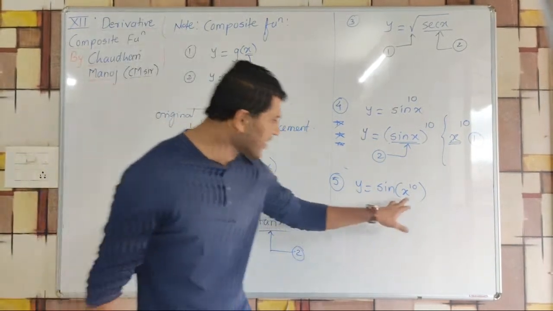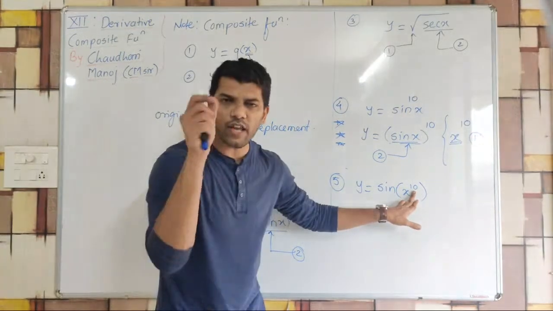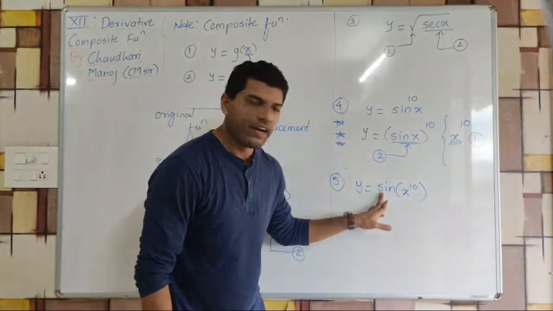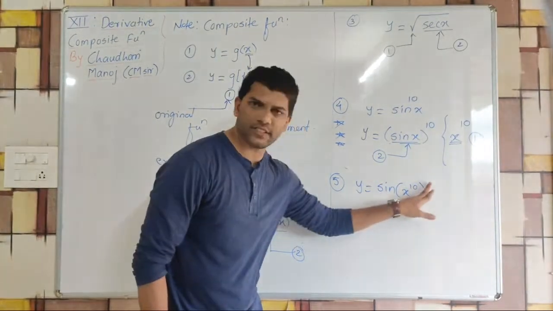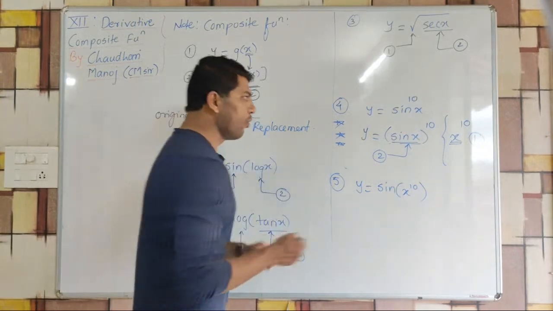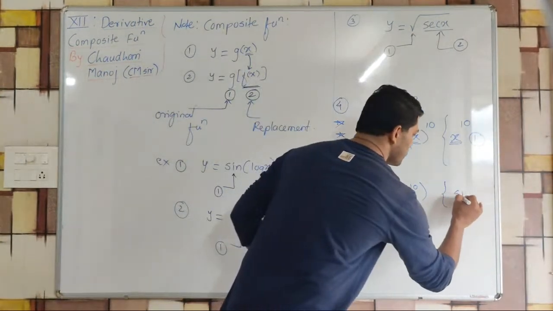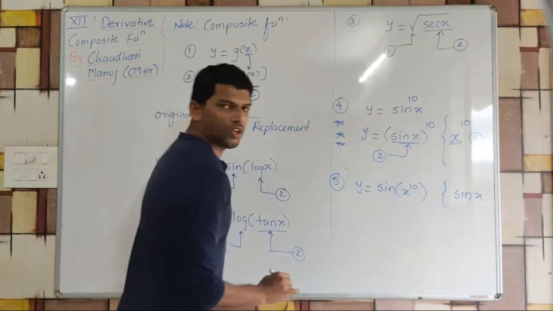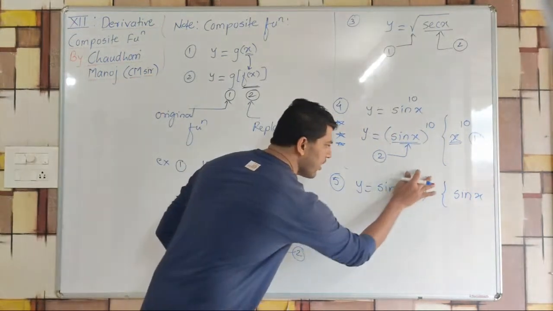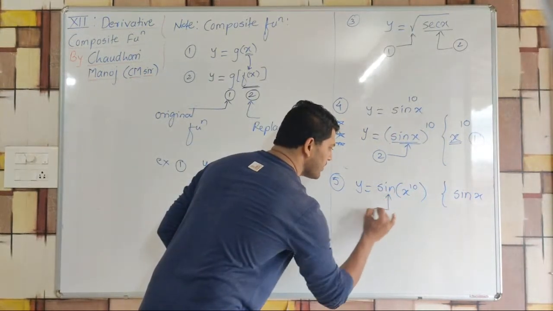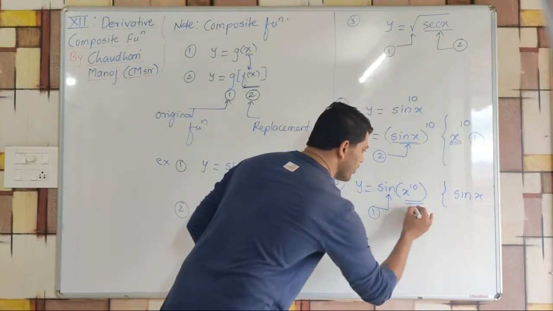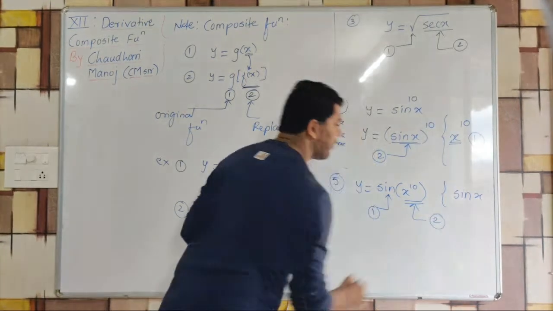See, this index 10 is not actually a power of sine. It's actually an index of this x. So here the original function is sine x. Treat this sine as the first and this x raised to 10 as the second part.